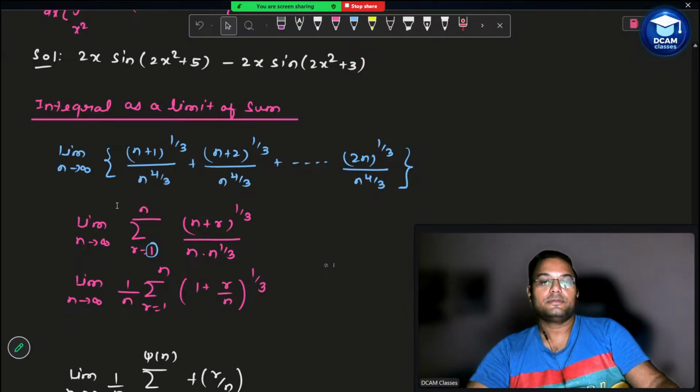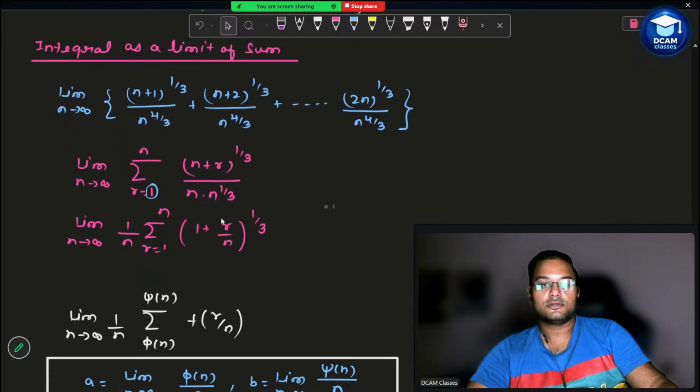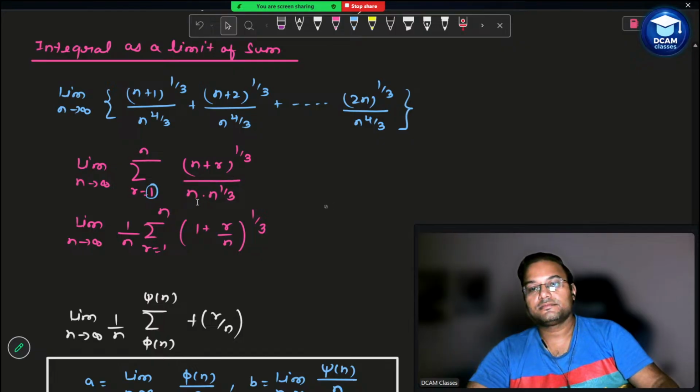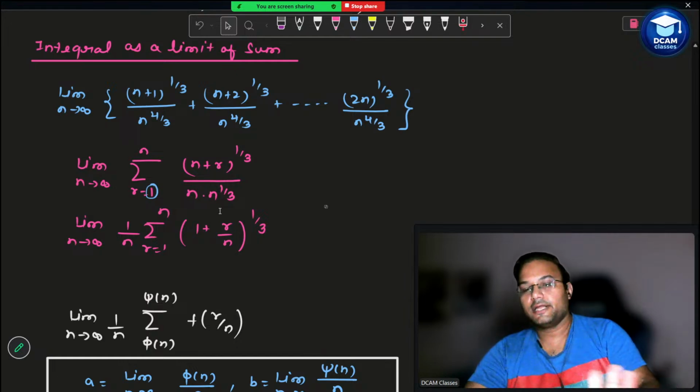Integral as a limit of sum, what I'm saying is that this kind of thing is there. Then what we do is write it in this form: limit n tends to infinity, sigma r equal to 1 to n, plus r divided by this. What is our aim?